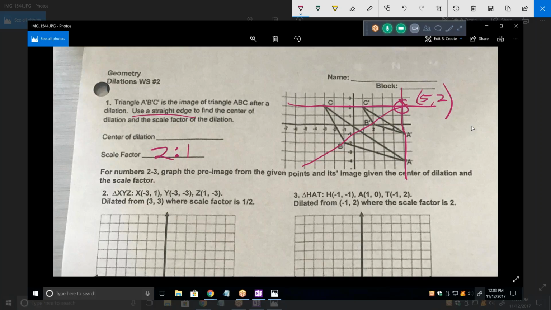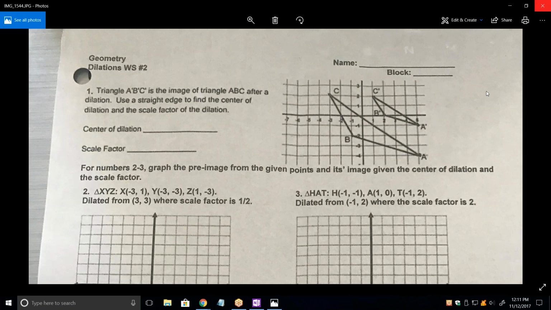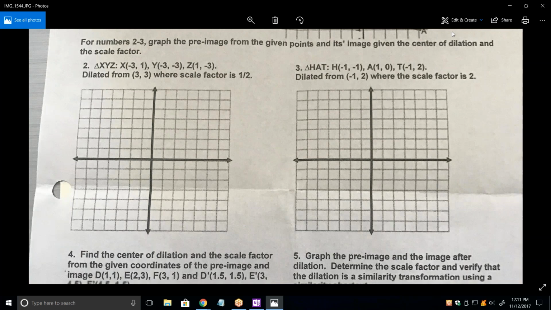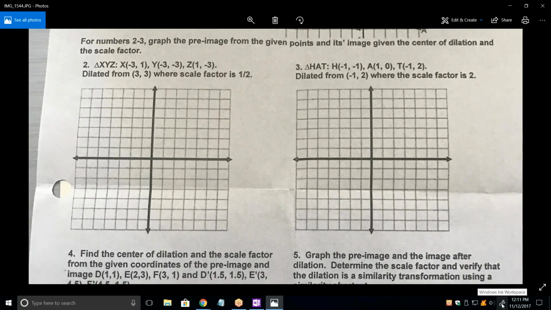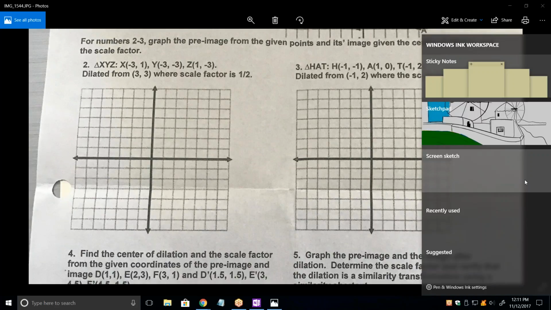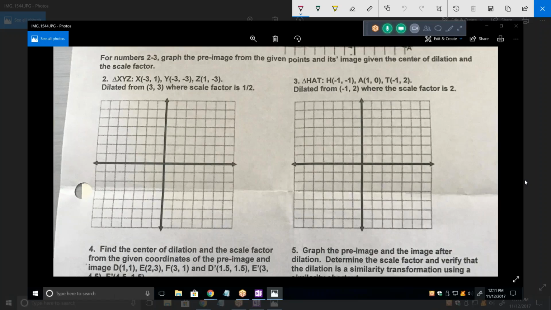And wherever those 3 lines connect, that's got to be the center of dilation. Okay, I think that's right.